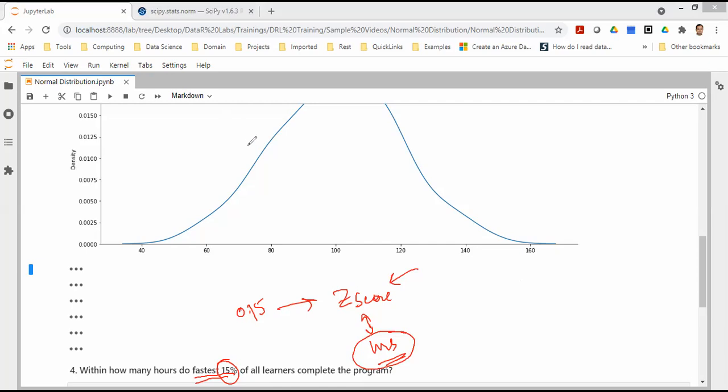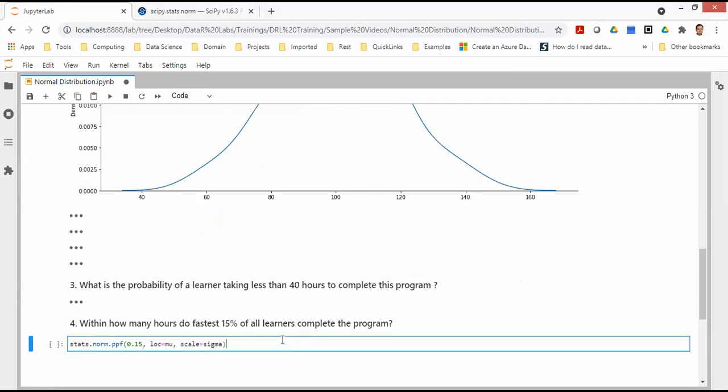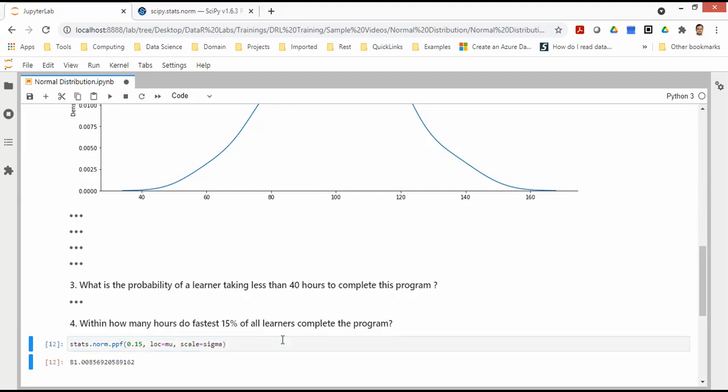So let's do this programmatically. I give 0.15 as the probability value, the first argument to the PPF function, which would eventually give me the x value. And the x value I get is 81 hours.